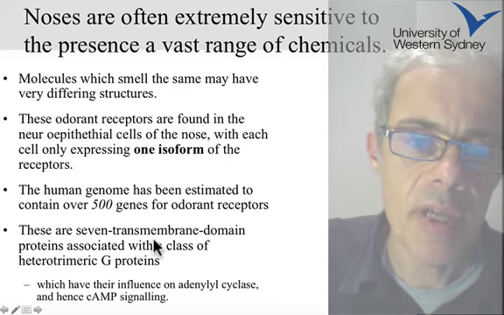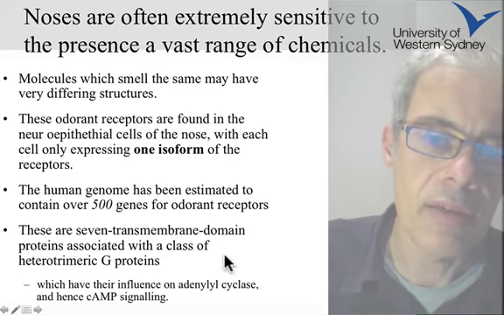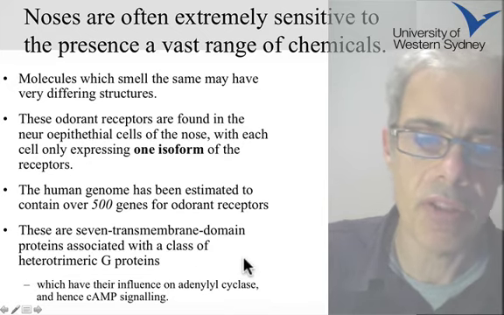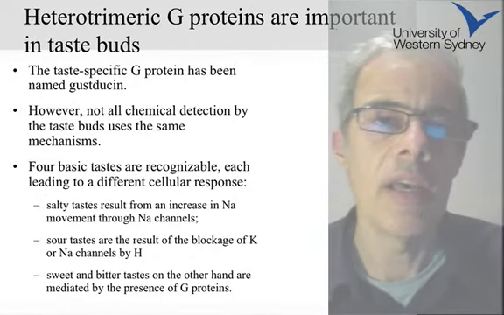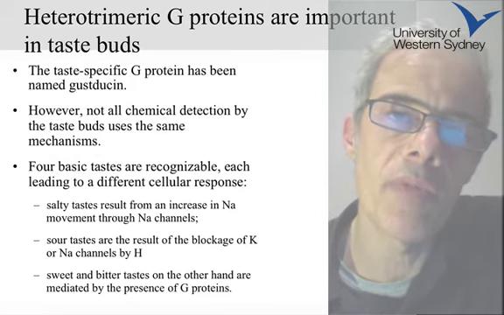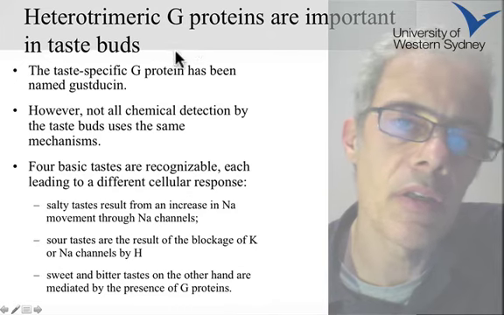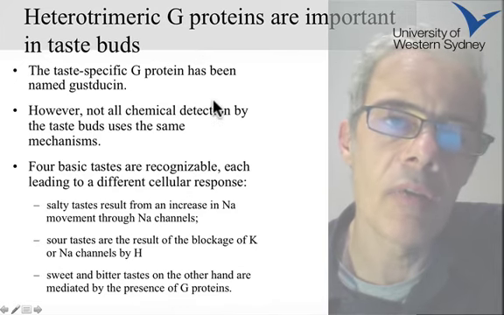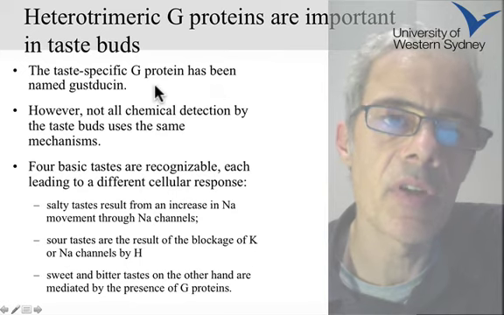These receptors are G protein coupled receptors and effectively have their influence through adenyl cyclase. It turns out that G protein coupled receptors are also involved in our perception of taste. Now, these receptors are linked to G proteins that are named gustducin.